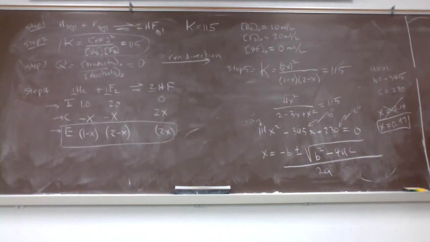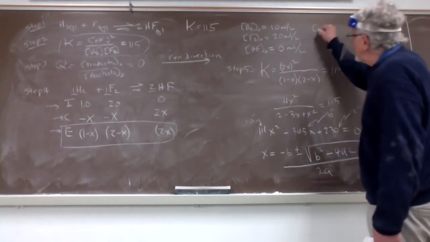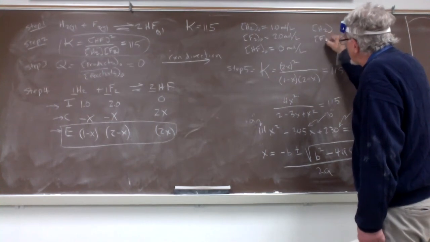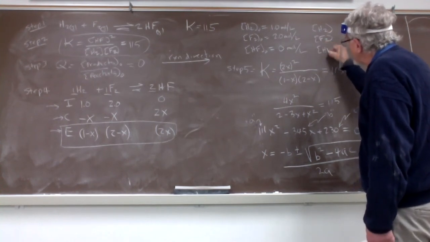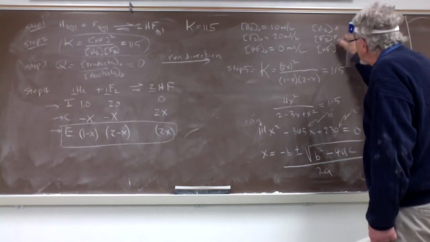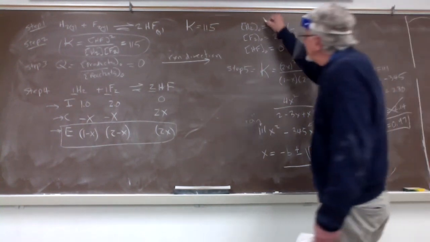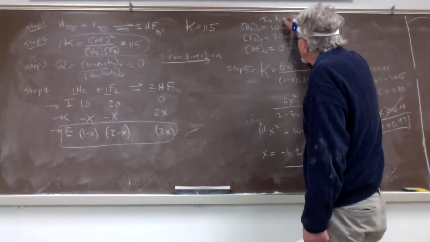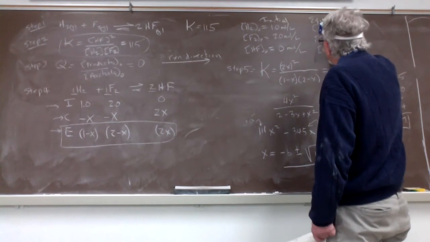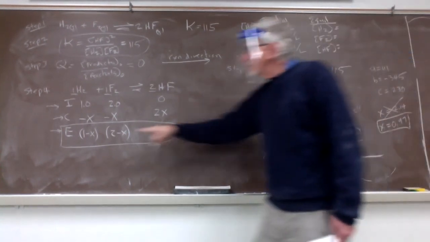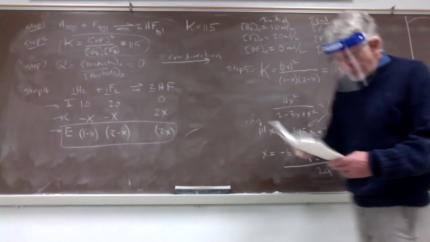And now we can calculate the concentration of each of our reactants and products at equilibrium. These were our initial concentrations, and these are now going to be equilibrium concentrations. H2 is going to be 1 minus x.